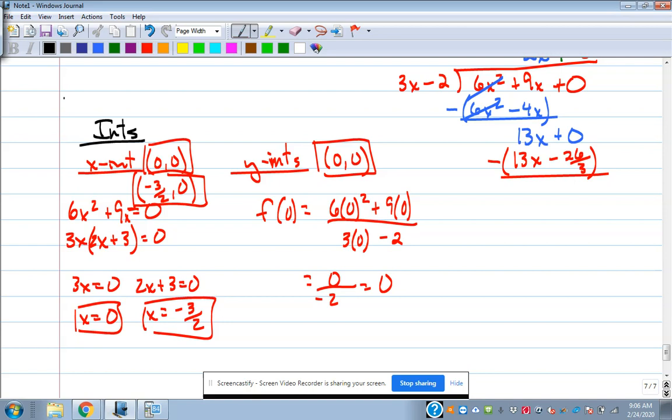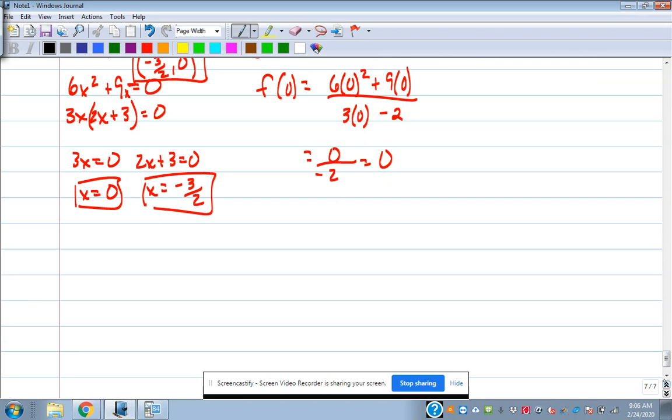Last thing to do is decide whether the graph crosses the asymptote, the horizontal or oblique. We have an oblique asymptote this time. So we're going to set 6x squared plus 9x over 3x minus 2 equal to the equation of the asymptote, 2x plus 13 over 3. How do we solve that?